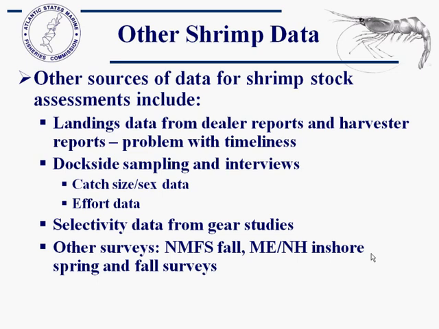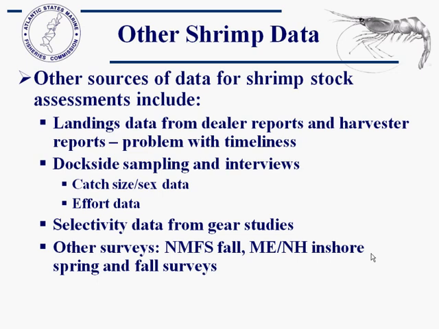Other questions? On the catch size sex data, I'm thinking, and maybe I'm wrong, is there any consistency in the point of time of the season, December, January, February, versus how that shows up?